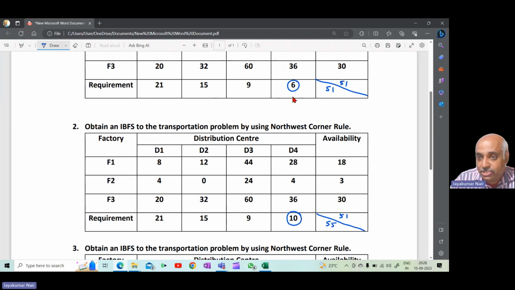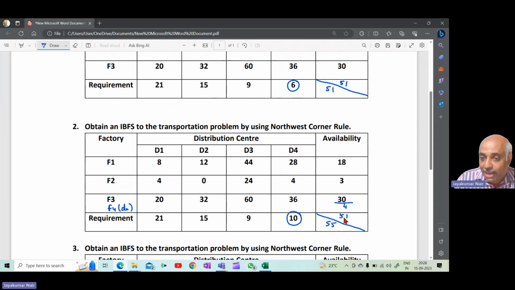If it is a balanced data, you know how to compute. If it is an unbalanced data, then what to do? You know that the requirement is more than the availability. Since availability is short, there should be another dummy factory here. You should have a dummy factory and the requirement you have to put for the dummy is 4.